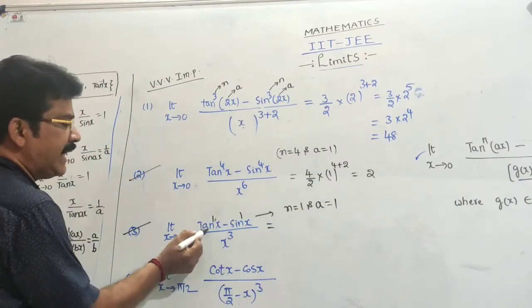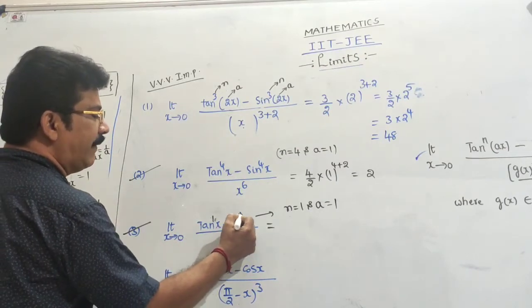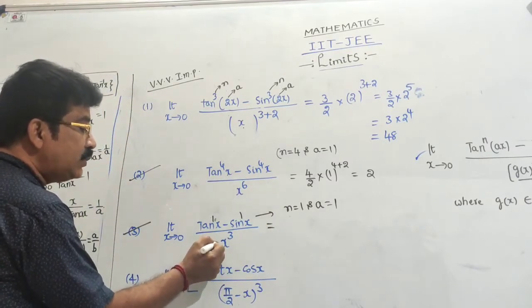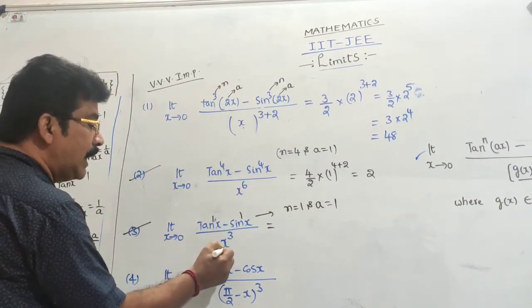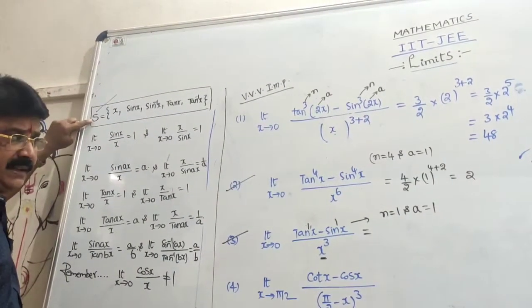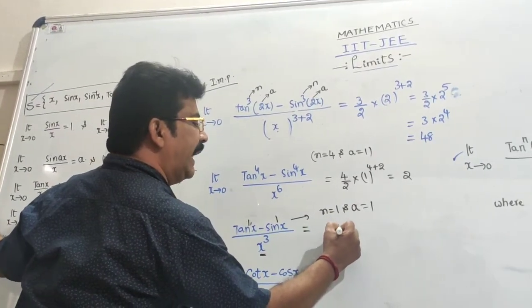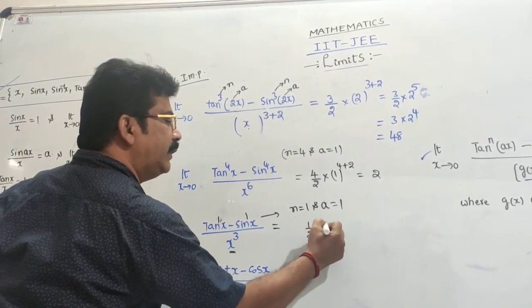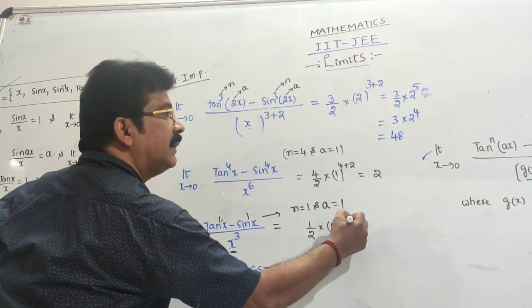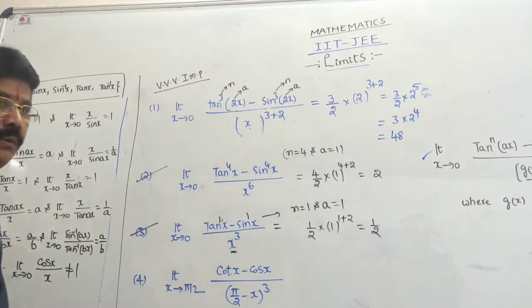So, tan x minus sin x, whole divided by x whole cube, but this x is from the set S. So the answer is n by 2 into a to the power of n plus 2, that is simply 1 by 2.